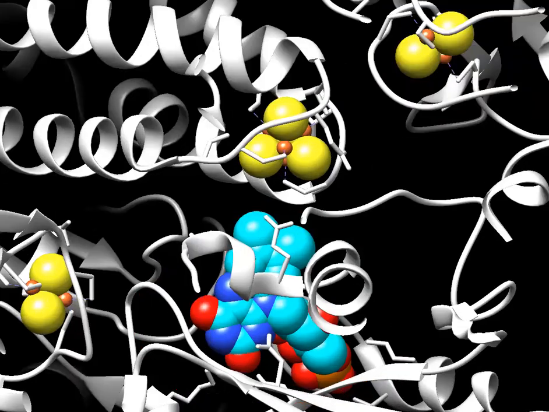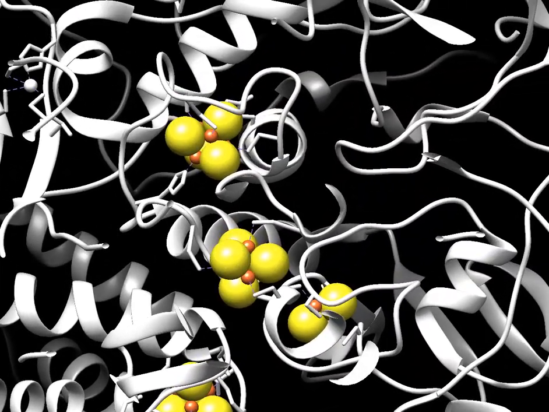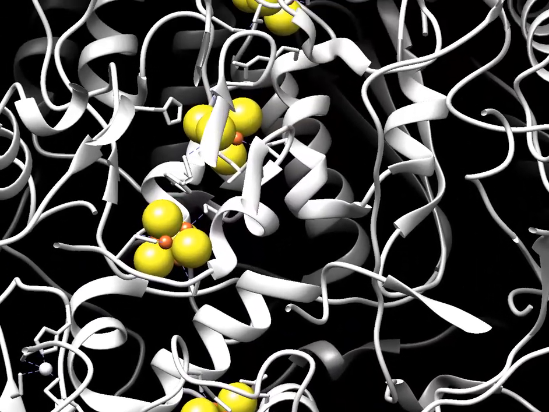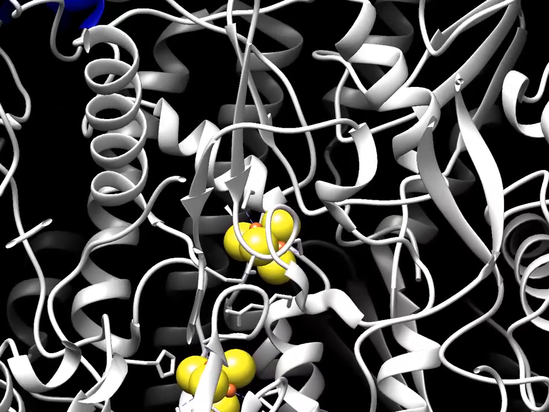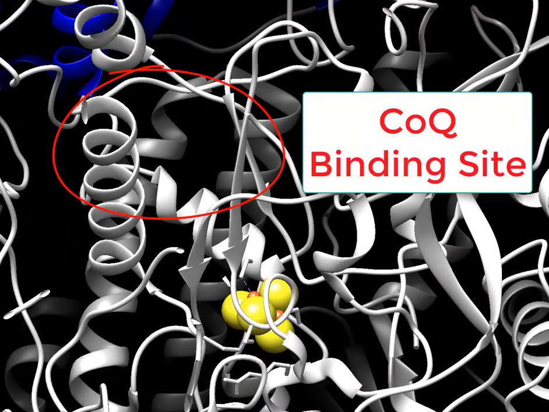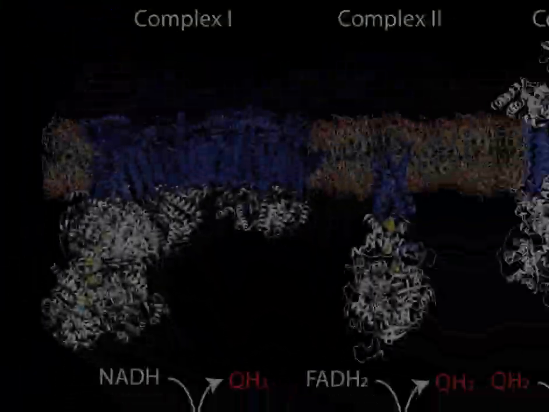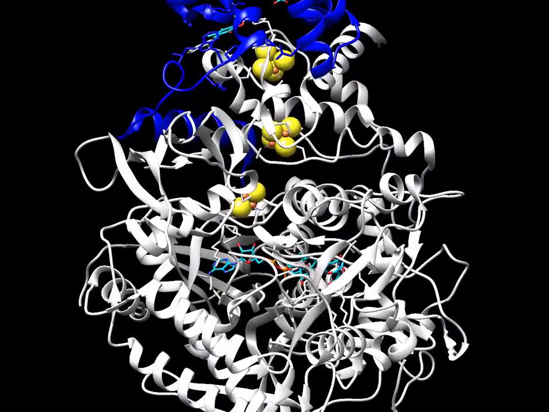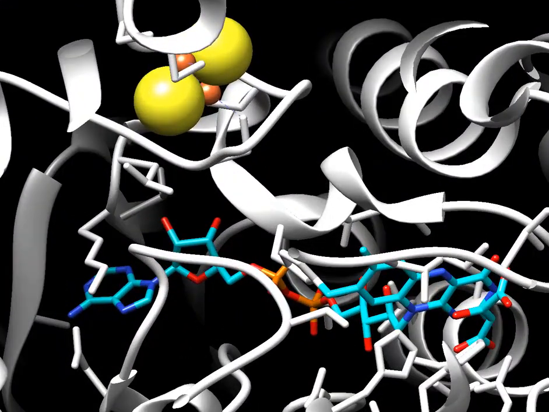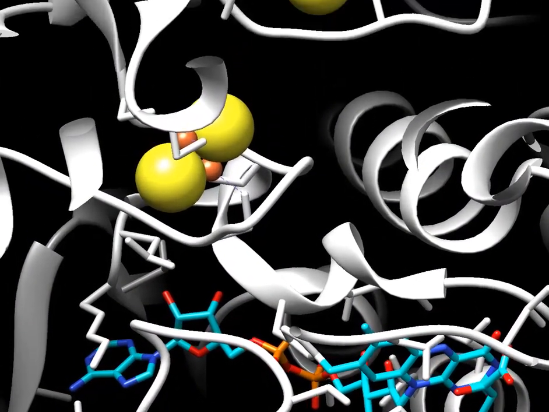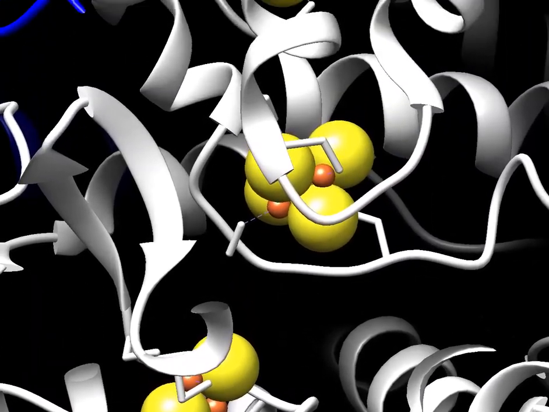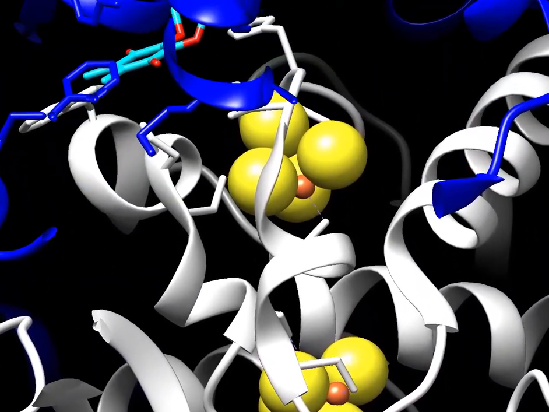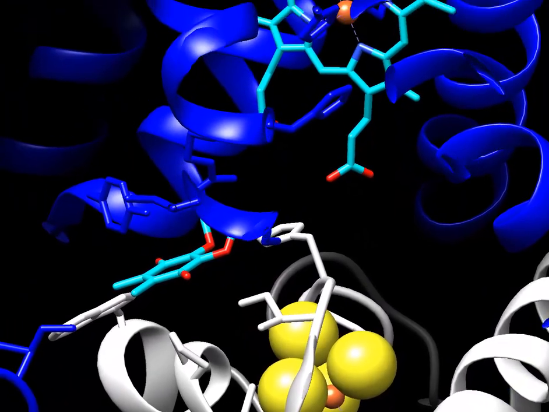Once the electrons have been passed to FMN, they then get passed through a series of iron sulfur clusters and ultimately get passed on to coenzyme Q. A very similar process happens in complex 2. This we discussed is where the electrons originate at FADH2 and they're passed through a series of iron sulfur clusters, ultimately to the coenzyme Q, which gets reduced.